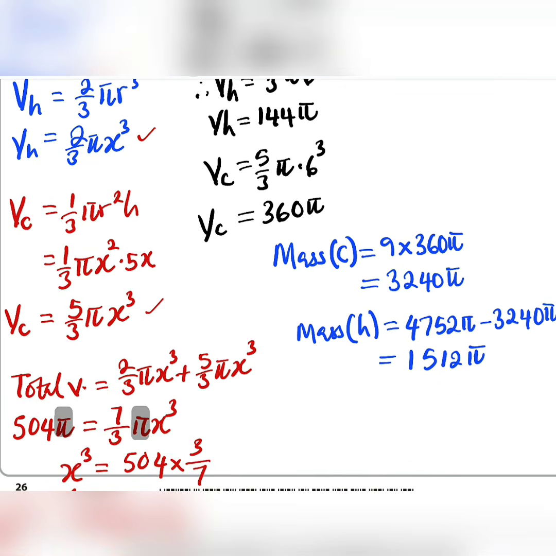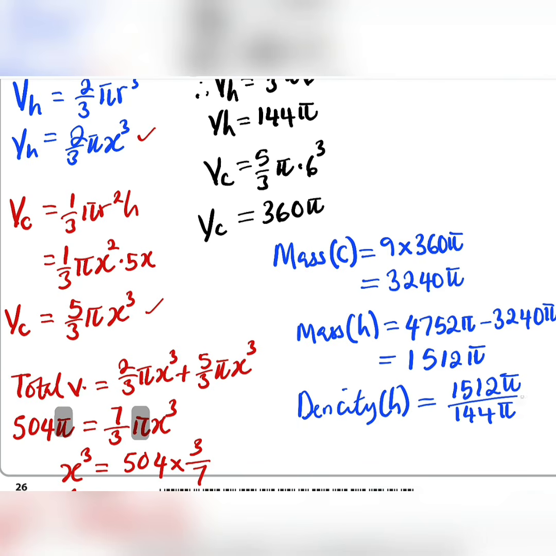So we have the mass already. So density of the hemisphere is equal to the mass, which is 1512 pi, divided by its volume. The volume is up there, which is 144 pi.